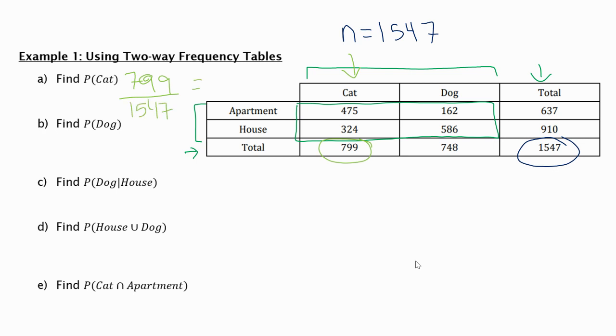So our probability of someone owning a cat would be 0.516 or 51.6%. For the probability of a dog, it's the same thing. In our dog column, we're at 748, so it'd be 748 over 1547. When we divide that, we get 0.484.